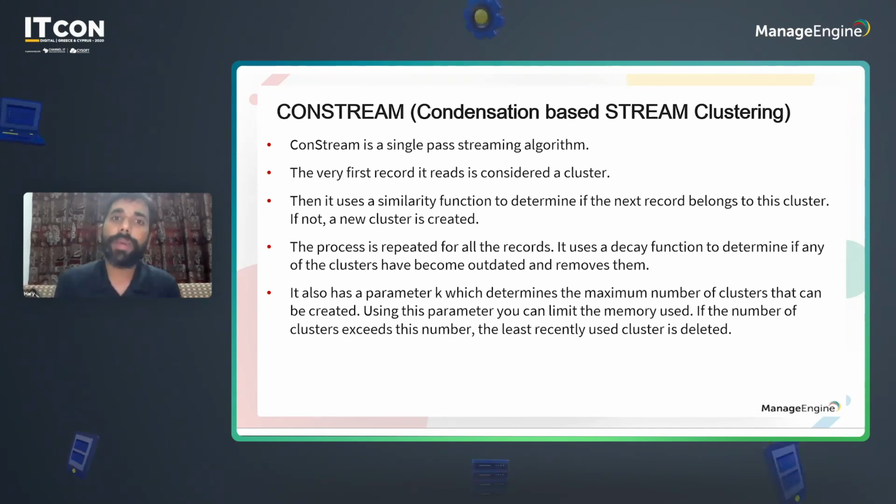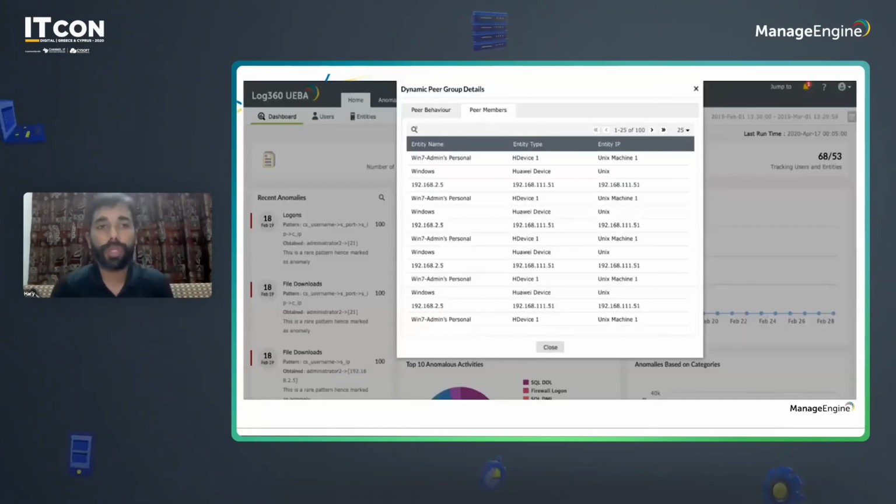It also has a parameter k, which determines the maximum number of clusters that can be created. Using this helps in setting the memory, and if the number of clusters exceeds this number, the least recently used cluster is deleted. And this is how the tool would look.